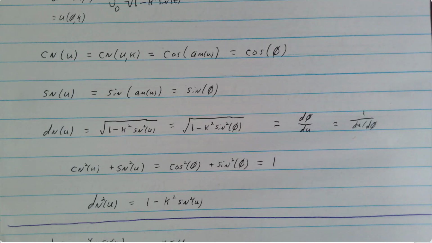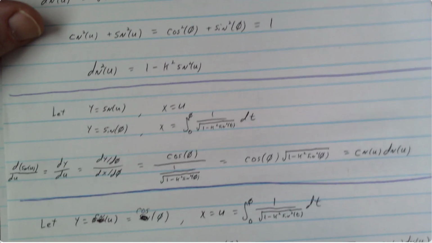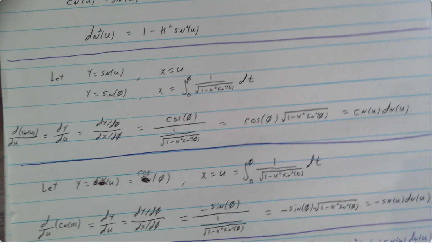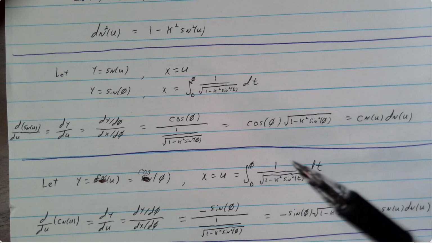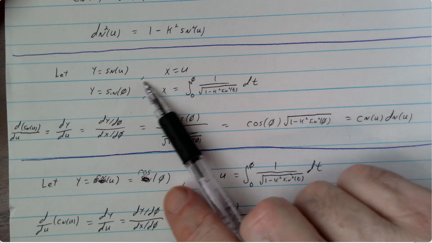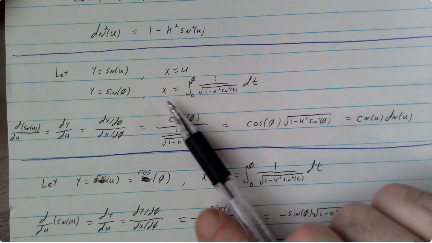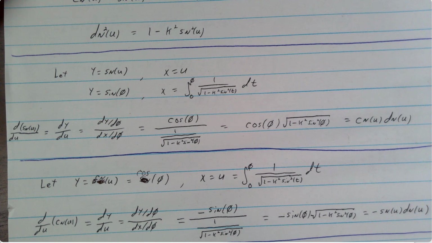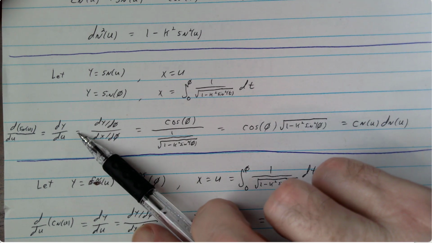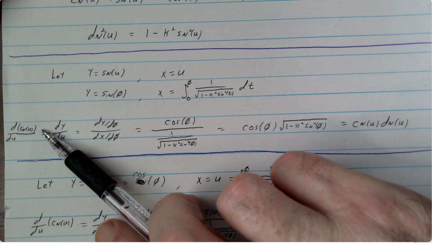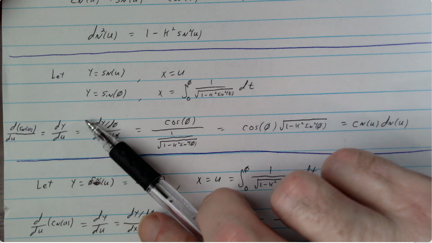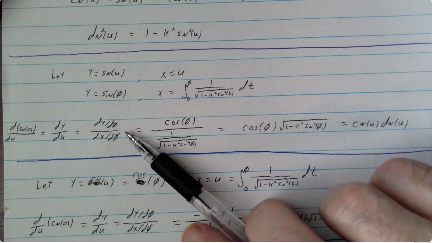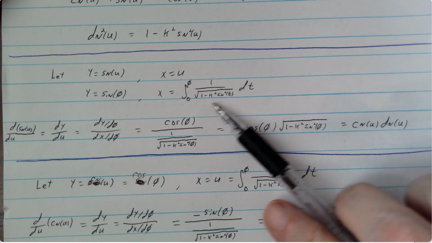For concavity, I thought of another way to express the derivatives. Did sn first. If we want to graph y equals sn u, then I'll graph y equals sine phi, x equals u of phi. So we did that. Then the derivative of sn u, dy du, is the same as dy dx, because x is u, this is u of phi.